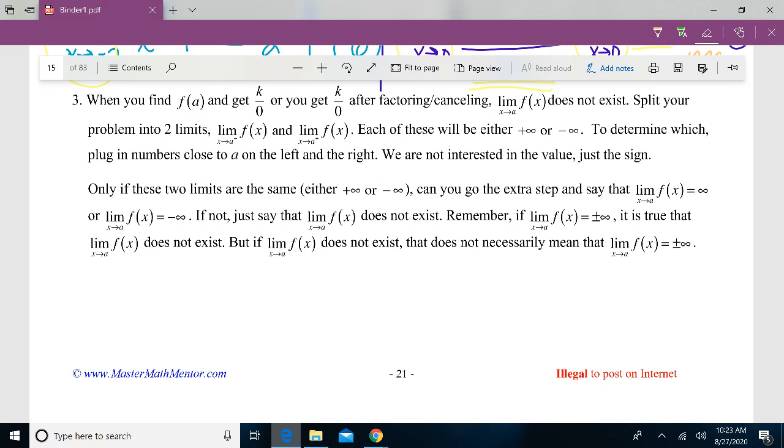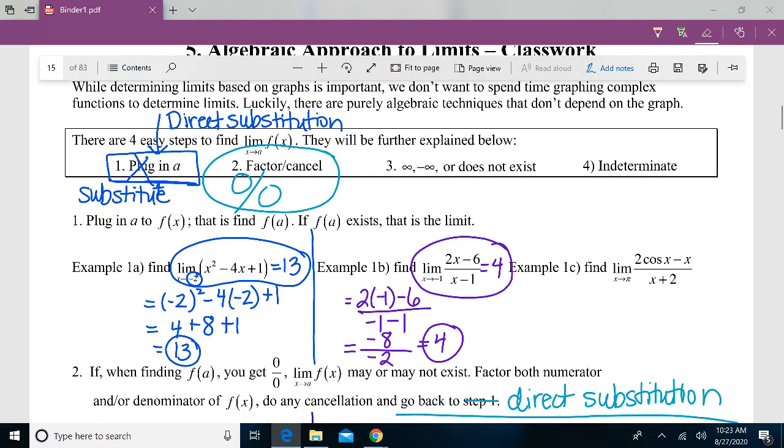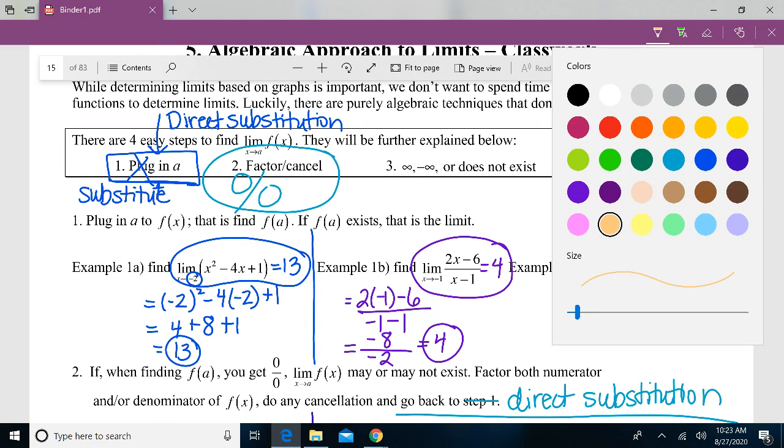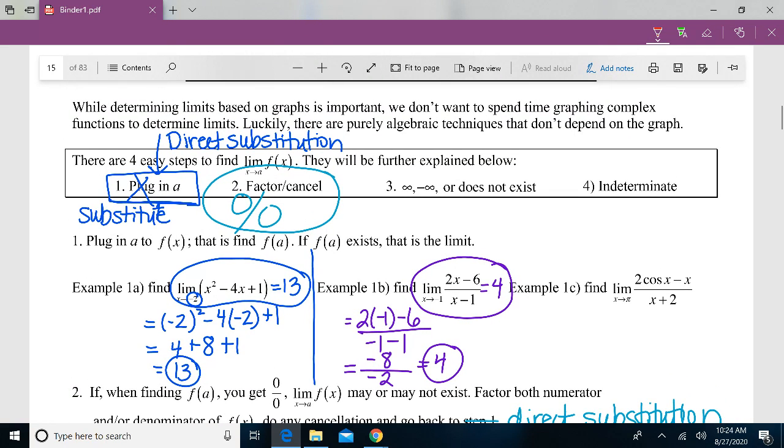So if I go back to my notes, there we go. That is our third scenario. So I'm referring to this scenario right here.